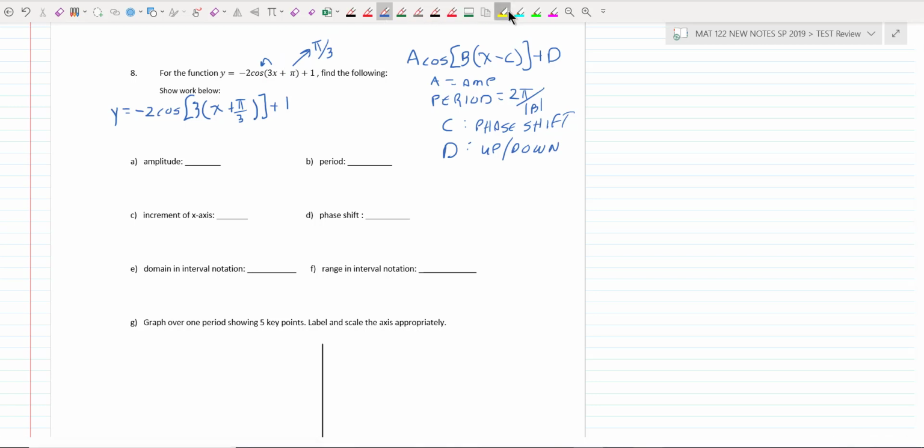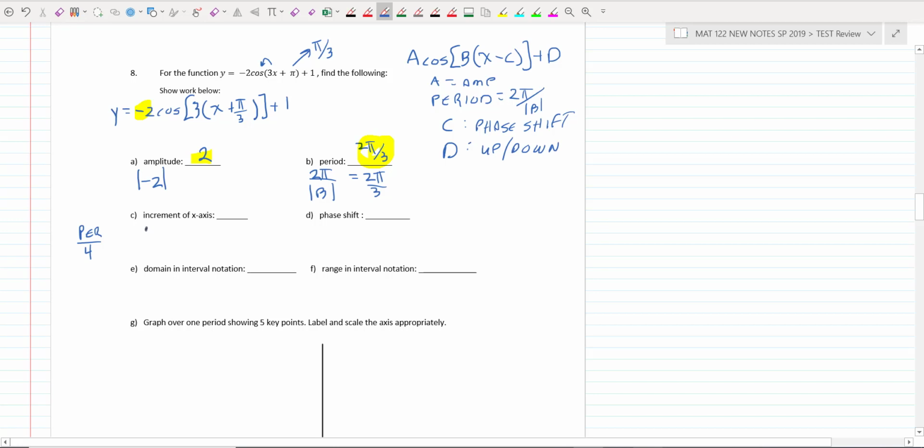Okay, now we can get everything figured out. So the amplitude comes from that number. But remember, an amplitude's a positive number because it's a distance, so the amplitude's going to be 2. Okay, the period is 2 pi over absolute value of b, with b being 3. So that would be 2 pi over 3. Okay, so that gives the period then. Remember the increment is always just the period over 4, or a fourth of the period.